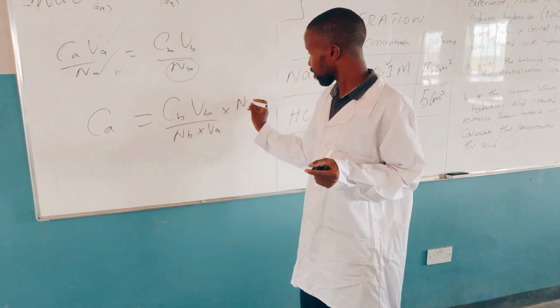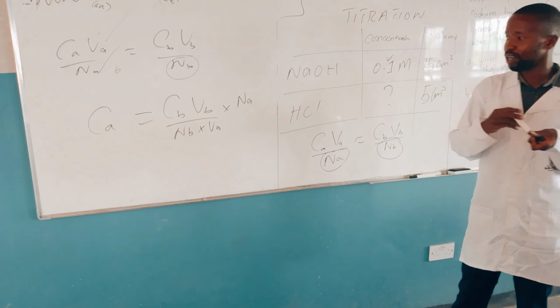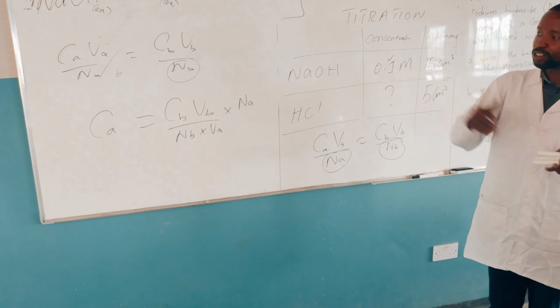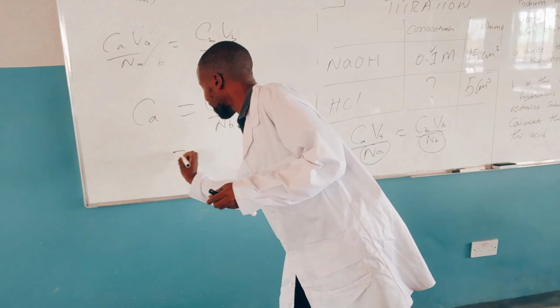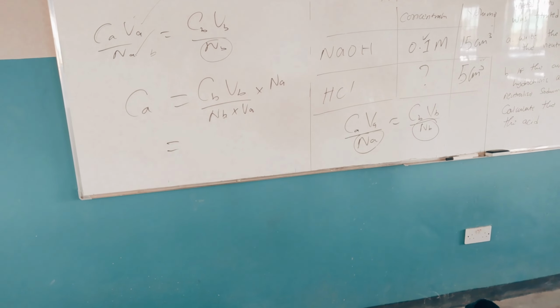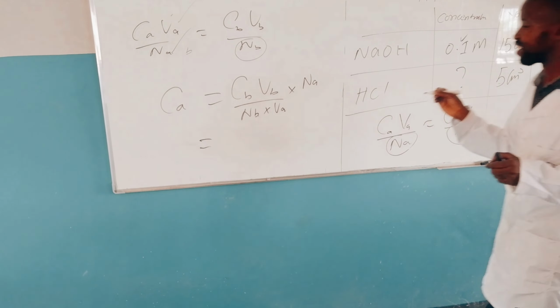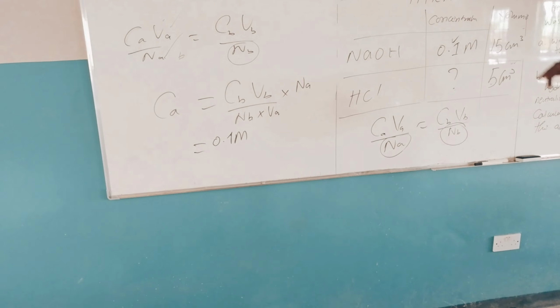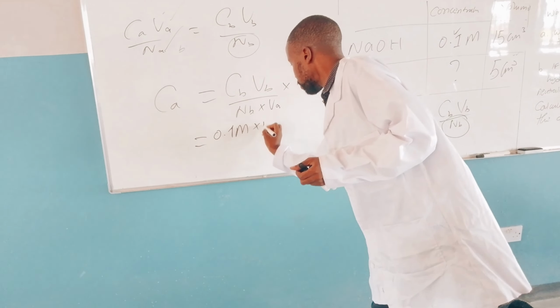So let's see. We have the concentration of the base as 0.1 mole, and the volume of the base is 15 cubic centimeters.